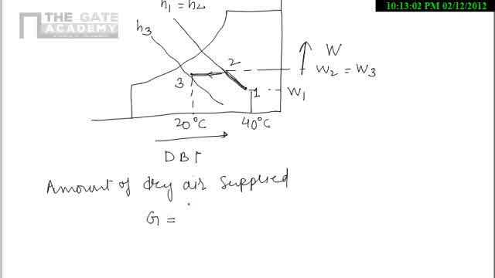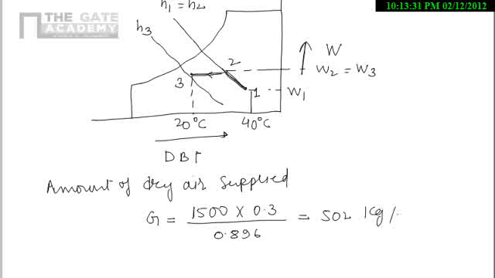So we multiply 1500 by 0.3 meter cube per minute per person and divide by the specific volume 0.896, and we get 502 kilogram per minute. So this is the amount of air supplied per minute, that is 502 kilogram per minute.